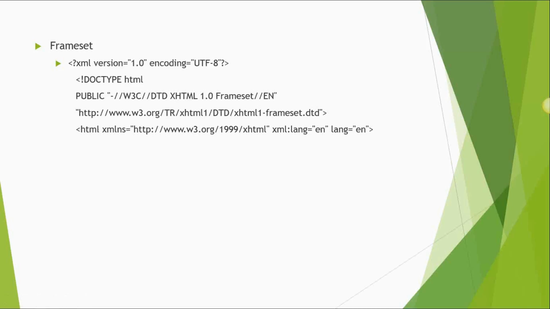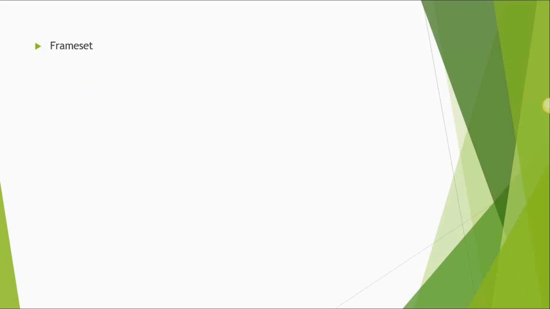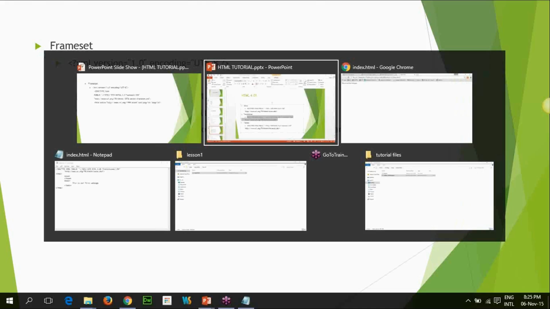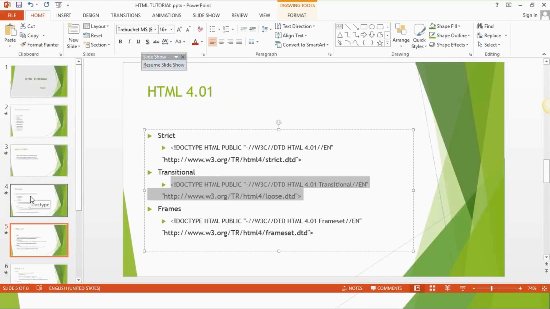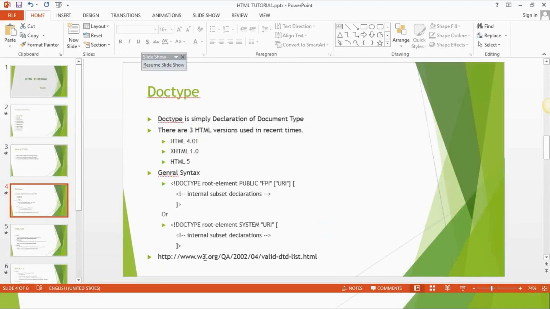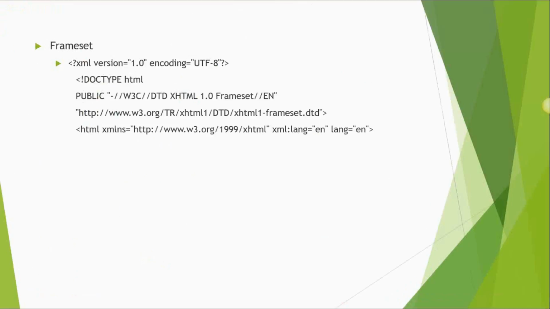If we use the frameset tags to define our HTML document, then we have to use the frameset doctype. So these are the major doctypes which are used currently. There are many more doctypes available, but these are the major ones, and you can use the URL www.w3.org/QA to know more about the document types.